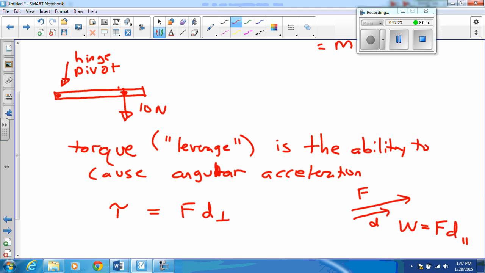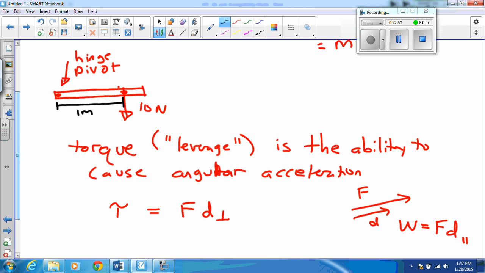Now let me show you how to read this off of a diagram. Go back to our situation right here. Let's say for convenience that this is 1 meter distance. And I see that the distance right here is exactly perpendicular to the force that is being exerted.